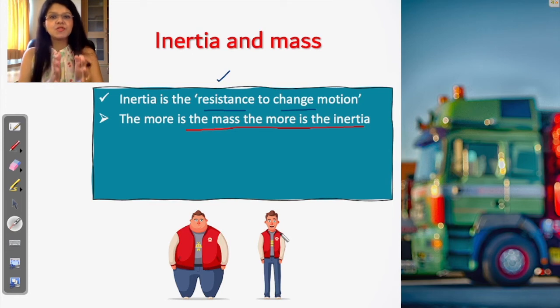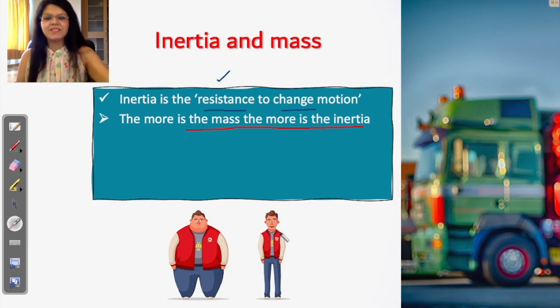The resistance to change the motion. The more is your mass, the more difficult it will be to change your motion. So if a heavy person is sitting, it is very difficult to push and move that person. But if a lean, fit or very thin person is sitting, it's easy to push and move that person.